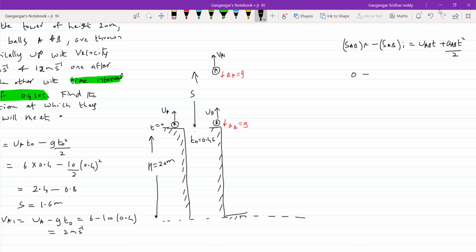So position of A and B, let me take this as reference to measure the position, and I'll take that initial position of B as reference. So what is the value of S? S is 1.6. Shall I write directly? Yes, sir. Initial S AB will be 1.6.